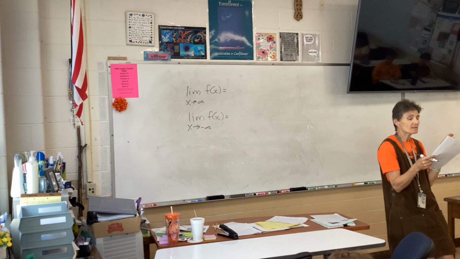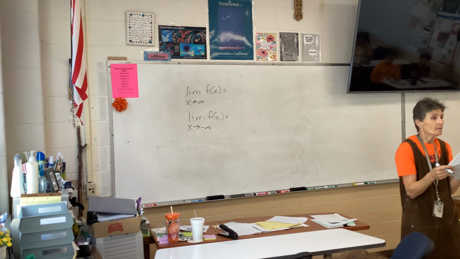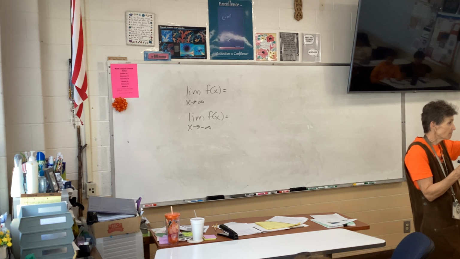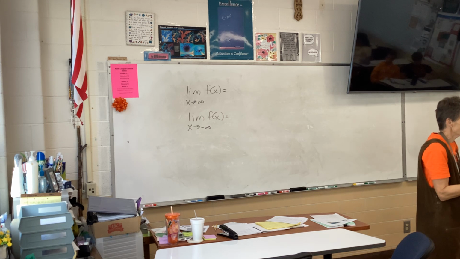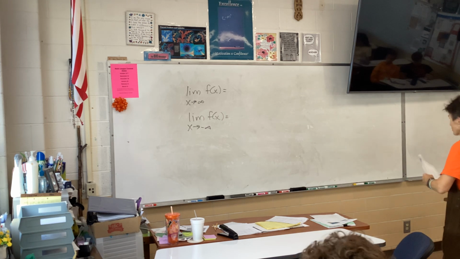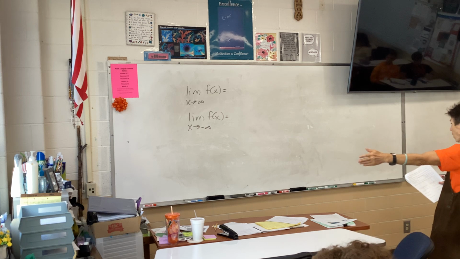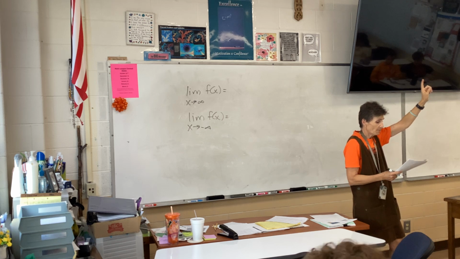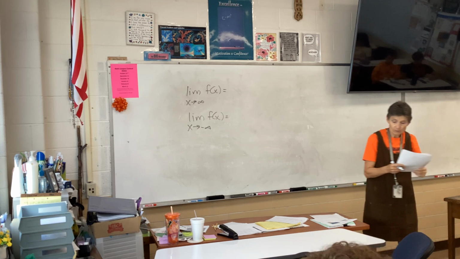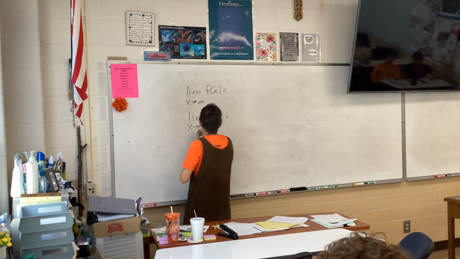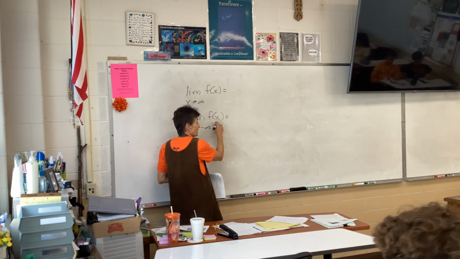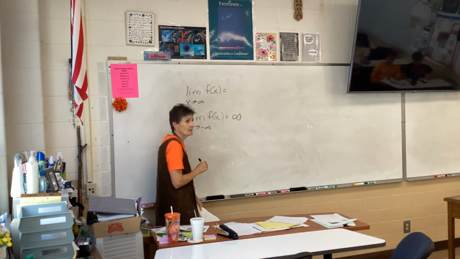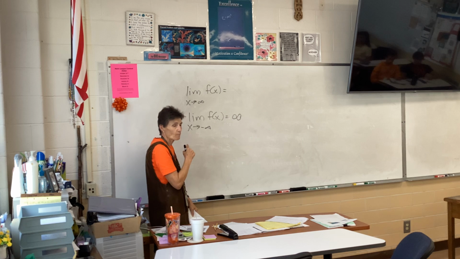So if we're describing this in words, picture A, as x decreases, that is, goes to the left, y is increasing. Left behavior limit statement. As x approaches negative infinity, the limit of f of x is positive infinity. This is for picture A.